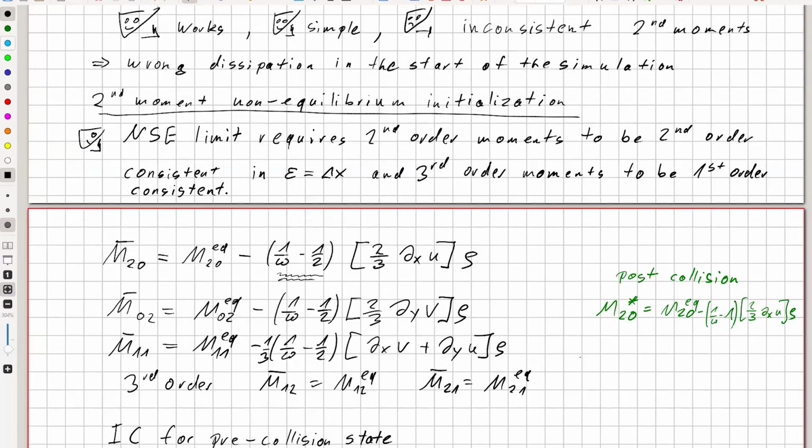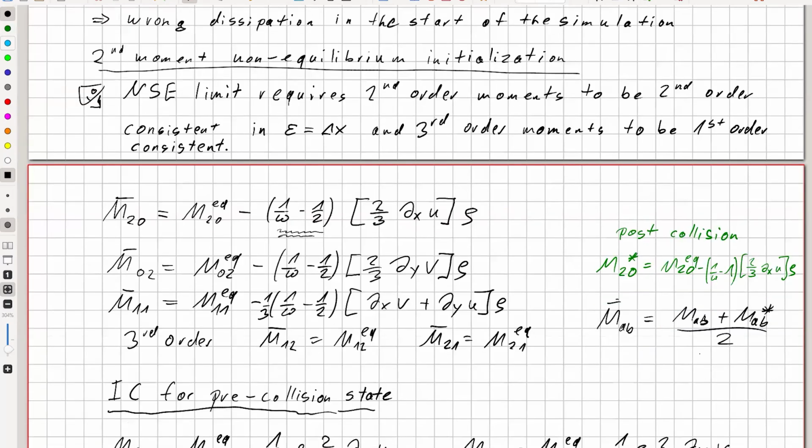Yes. It's the same thing for the moments as it is for the populations.